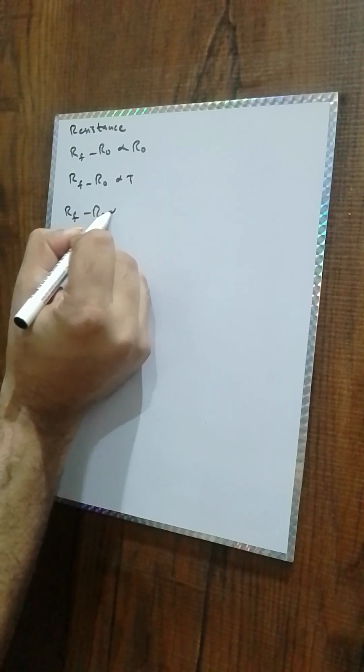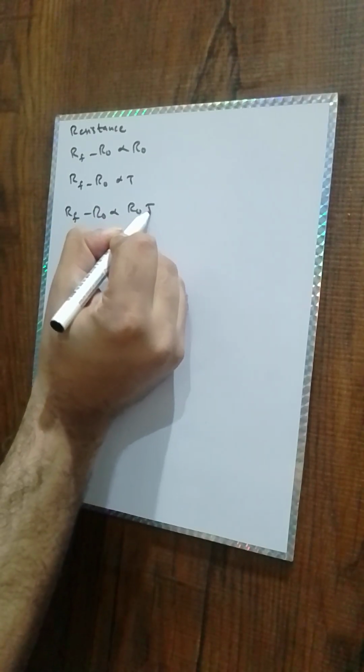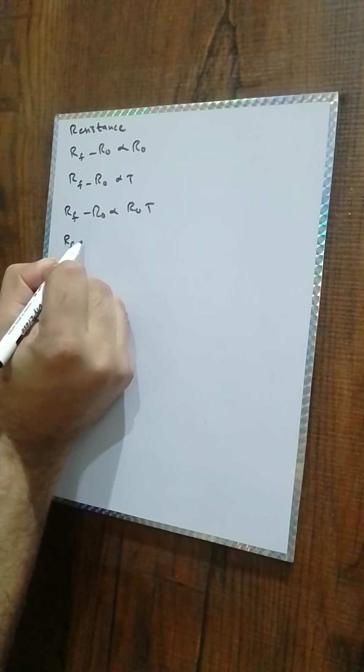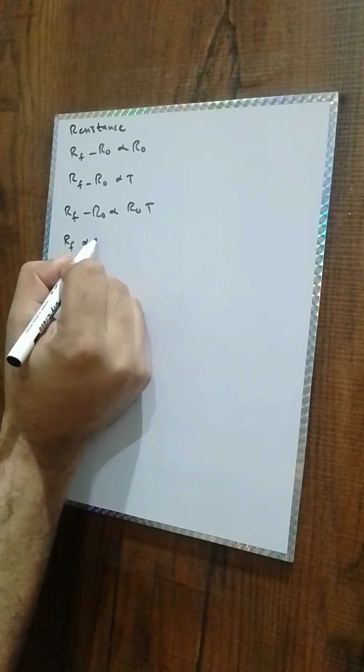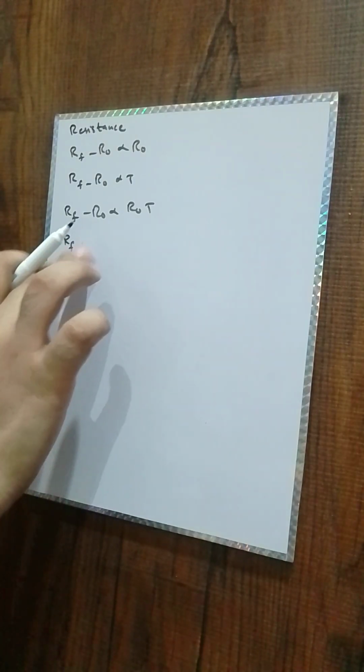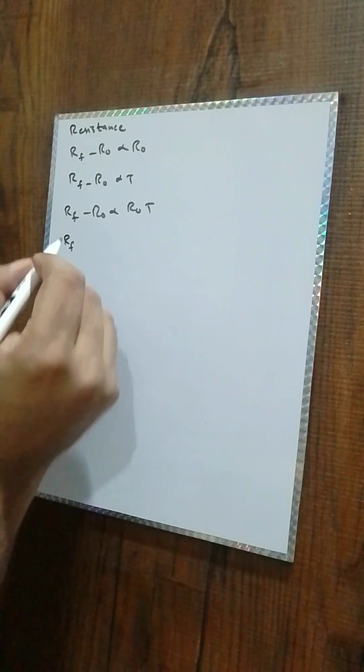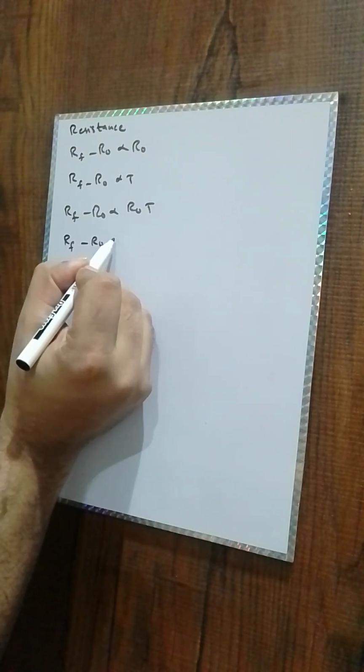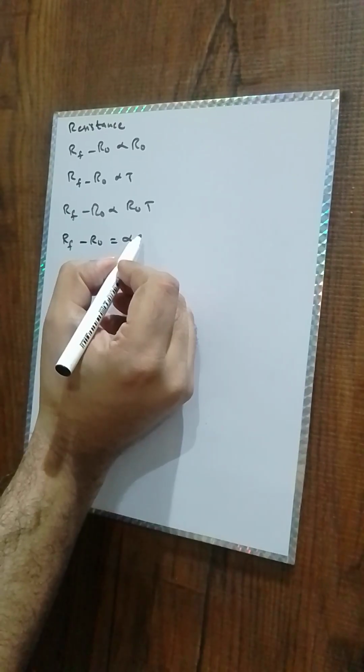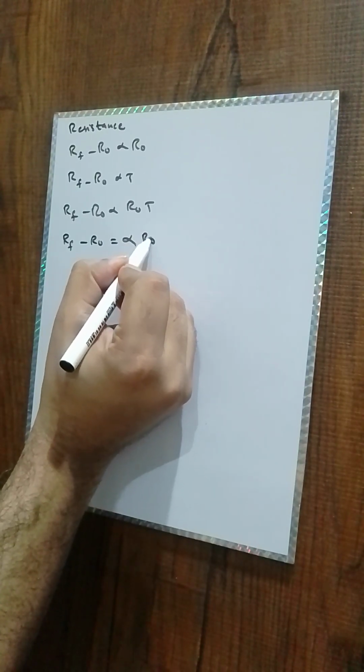Combining the two, R minus R naught is proportional to R naught T. RF minus R naught is equal to, now putting the constant of proportionality alpha, alpha R naught T.